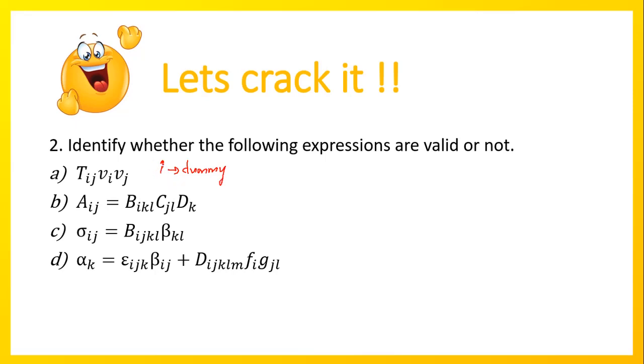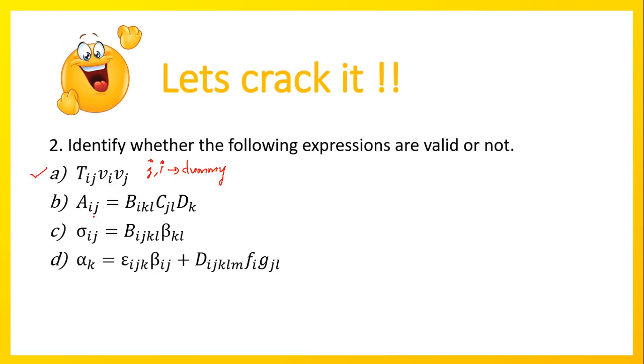Also, we have j appearing twice. So, j is also a dummy index. And this does not vary anything and it's fine. Also, we can check if any index appears more than twice. No index appears more than twice, and all rules are followed here. So this term is possible. This is valid.